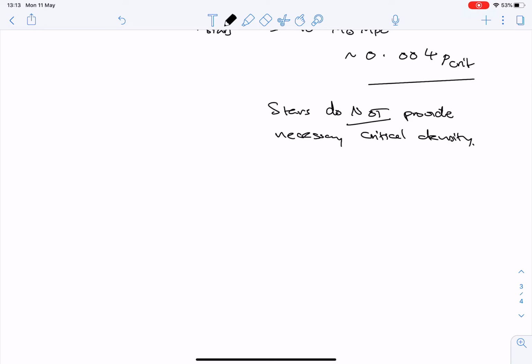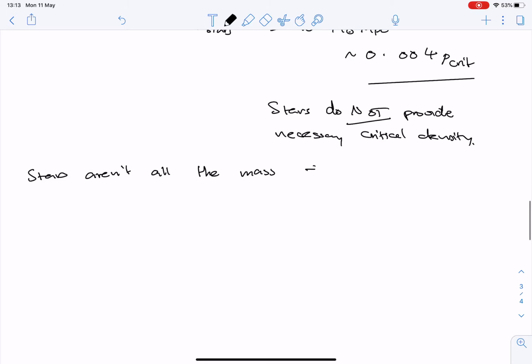But stars aren't everything. Stars are not all the mass. You have dust, gas. You also have remnant stars. They are things without nuclear fusion, so white dwarfs, neutron stars, and black holes that have mass but don't have any light, or relatively little light for their mass.